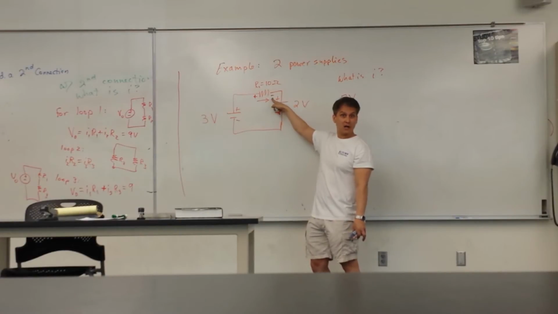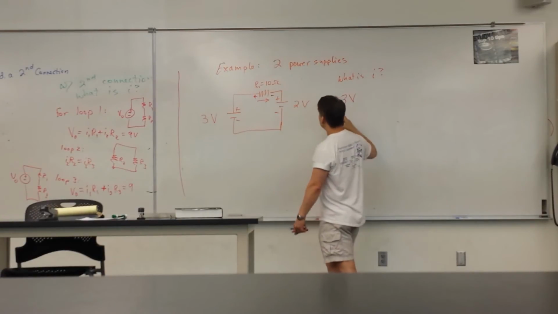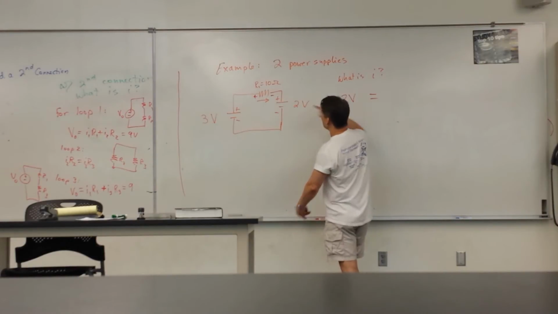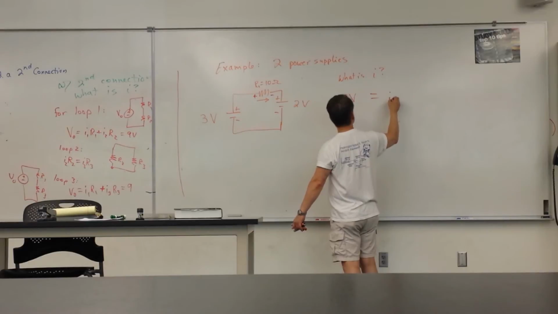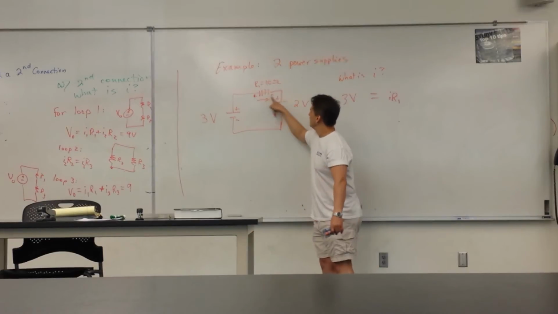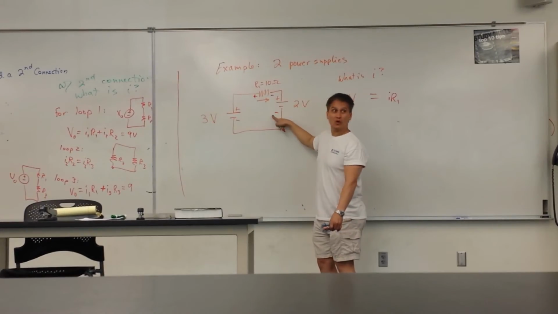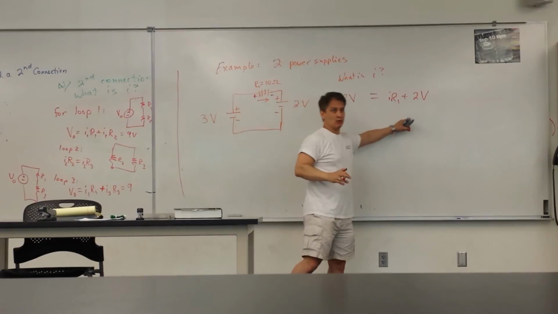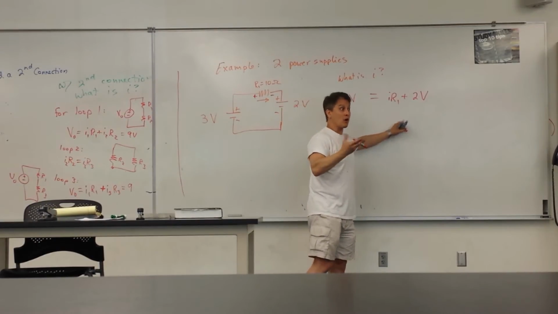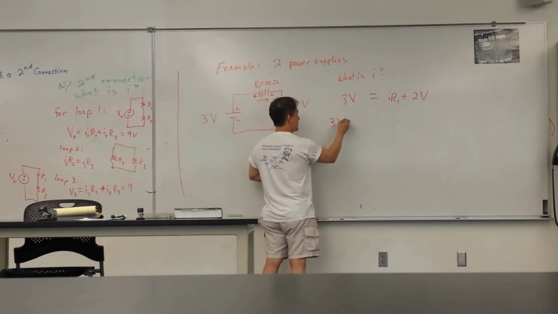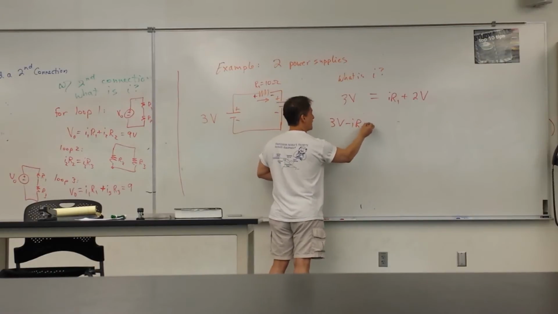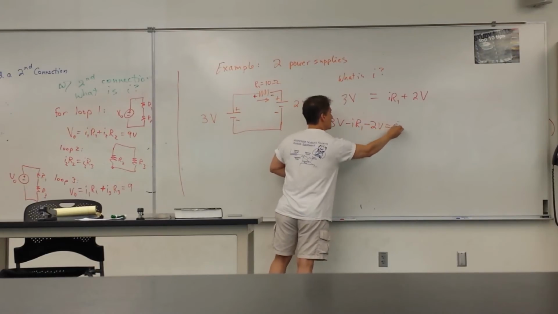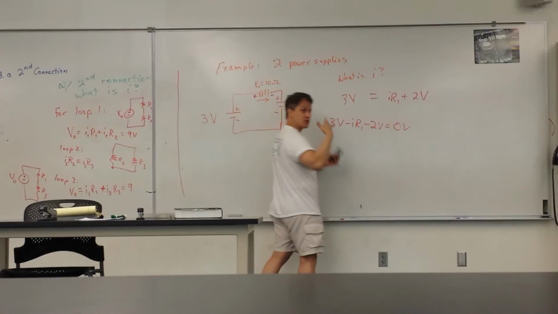So 3 volts up will be equal to I times R1 plus 2 volts. Voltage rises equal to voltage drops. Or alternatively, 3 volts minus IR1 minus 2 volts equals 0. Either way, I'm just applying a loop rule.